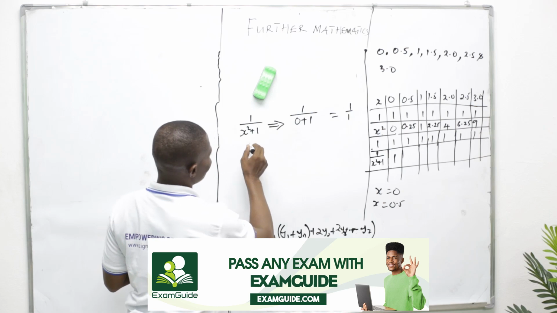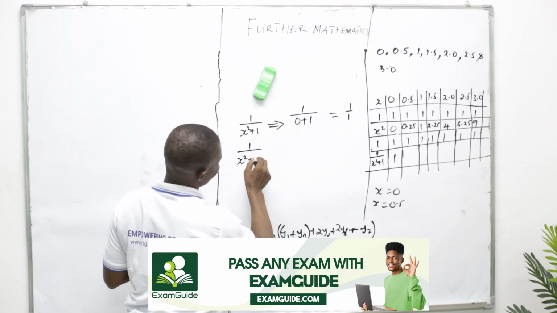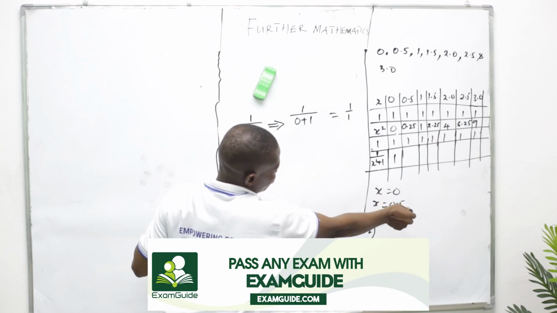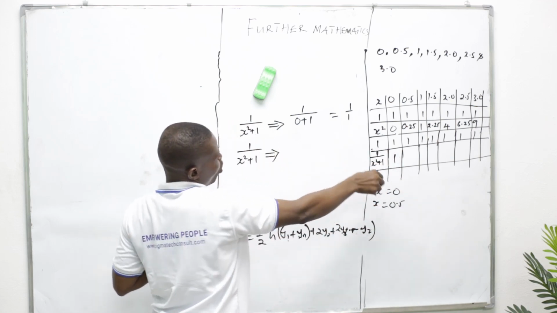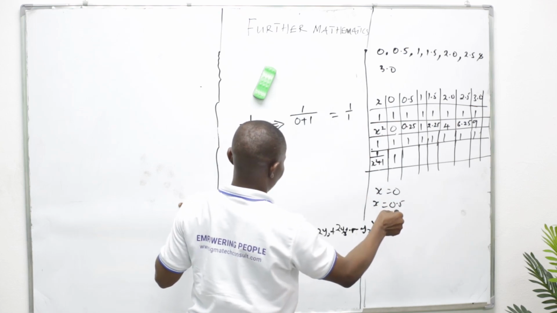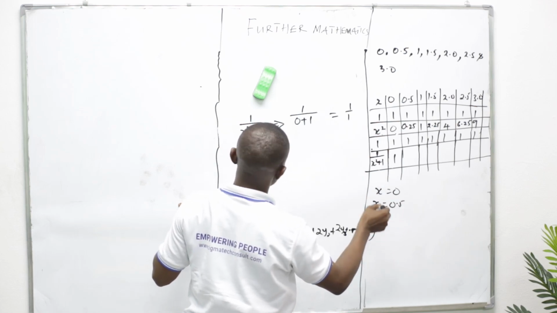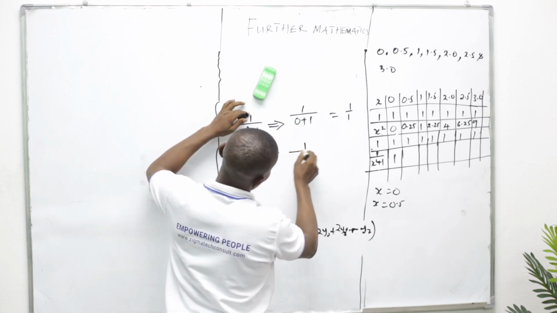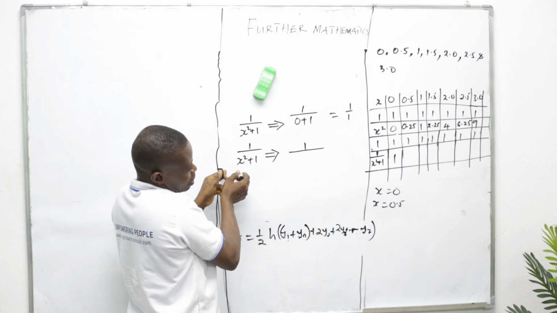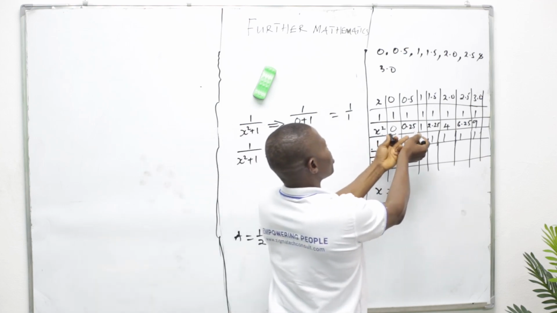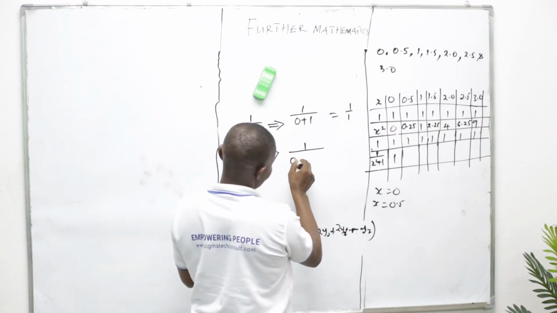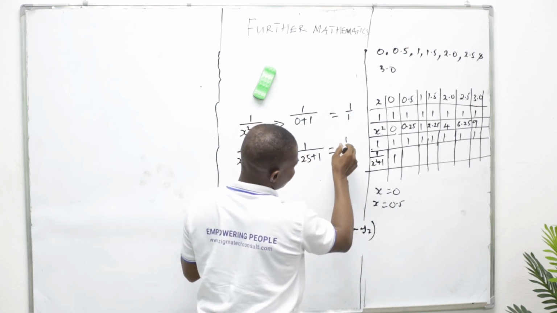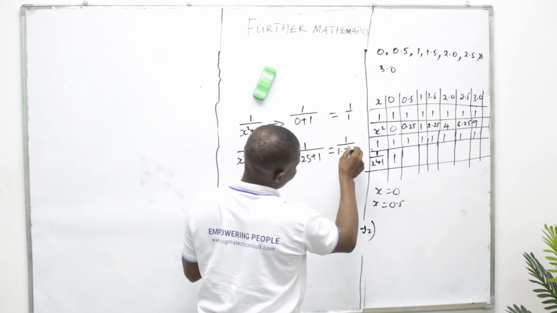The second one, 1 all over s squared plus 1. This is when s is 0.5. When s is 0.5, our constant remains our constant. s squared will give us 0.25, then plus the constant, which is 1, all over 1.25.